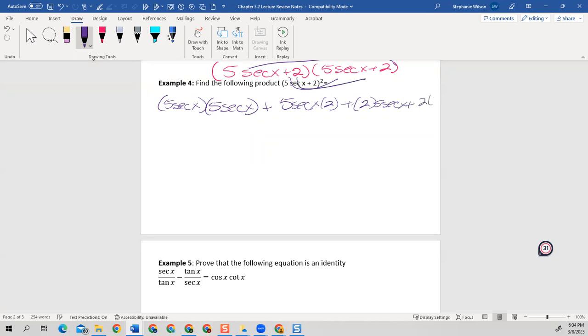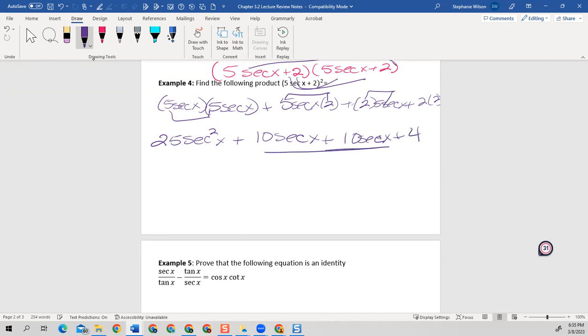And let's clean it up. 5 times 5 is 25. Secant times secant is secant squared. Plus 5 times 2 is 10 secant x, plus 2 times 5 is 10 secant x, plus 2 times 2 is 4.